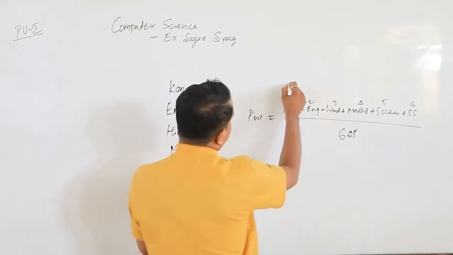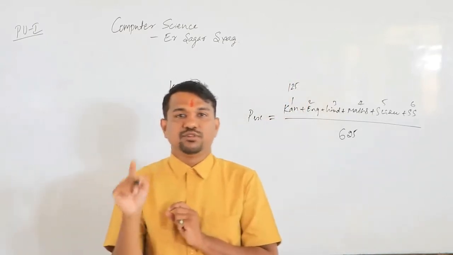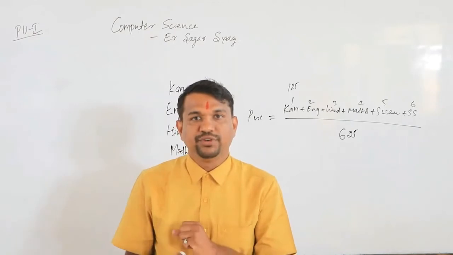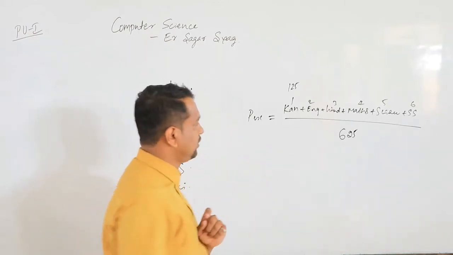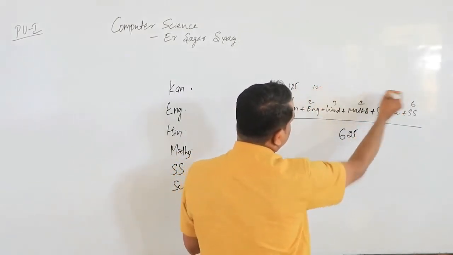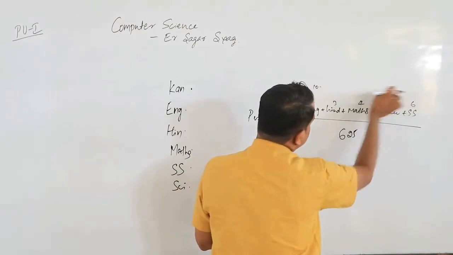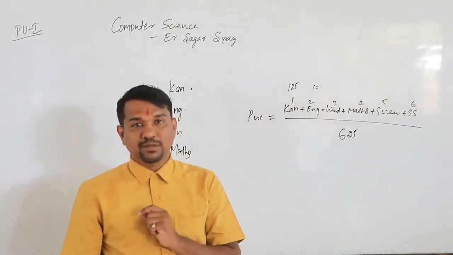For the first language, it is of 125. For Kannada medium, Kannada is the first subject, 125. For English medium, English is the first subject, that is 125. So 125 plus 100, so like that. If we add all the marks, that will be the 625. That is the final marks.